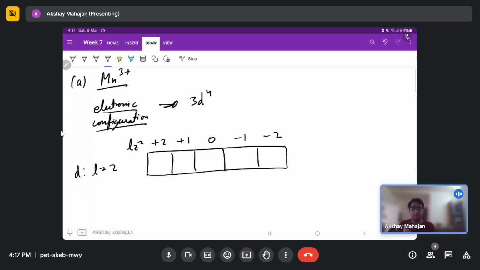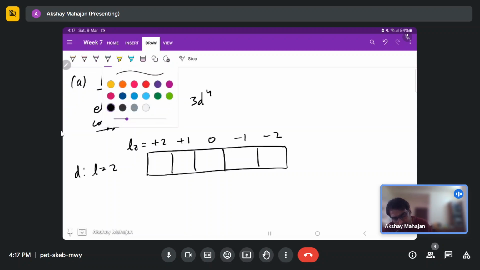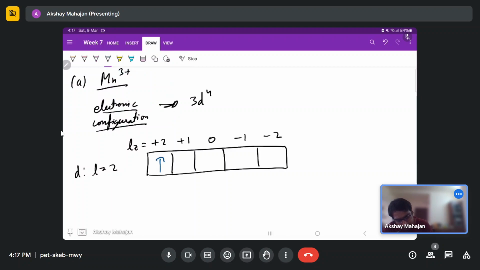Following the first Hund's rule, we have to maximize the value of S, and since it is less than half filled, we can put all of them spin up. Then we follow the second Hund's rule, maximizing the value of capital L, which is the summation of these Lz values. So we put our spin up electrons like this: 1, 2, 3 and 4.